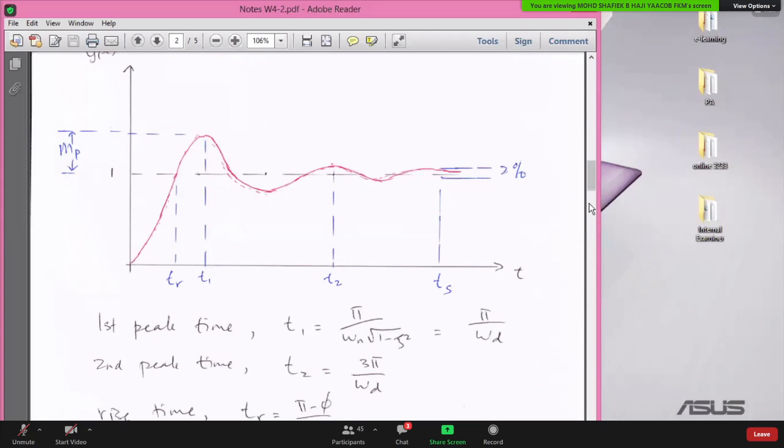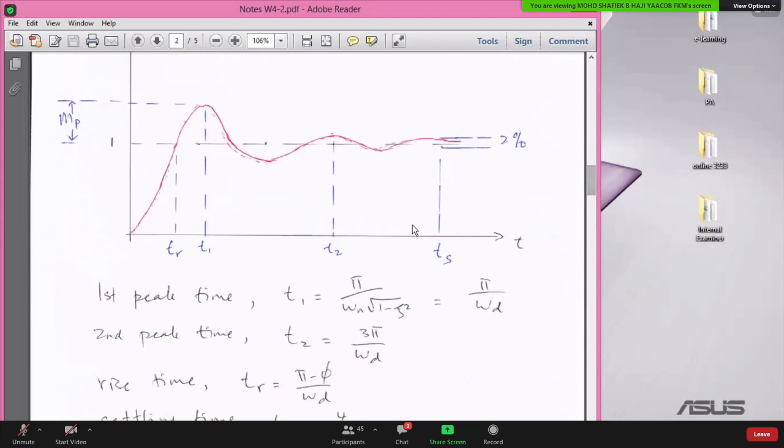All these quantities, the rise time, the peak time, the settling time, and the overshoot, will tell us the characteristics of a control system. Most of the time we don't want a very large overshoot. We don't like overshoot, and we want the system to settle as fast as possible.